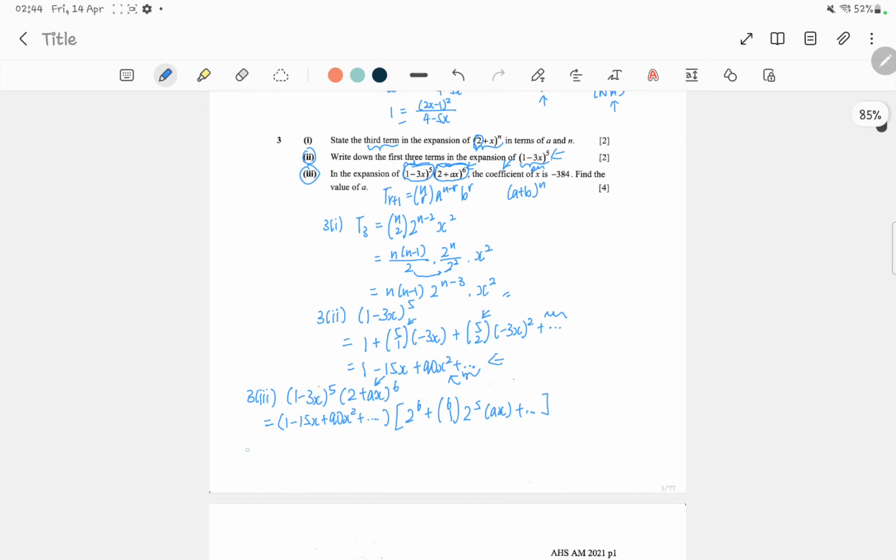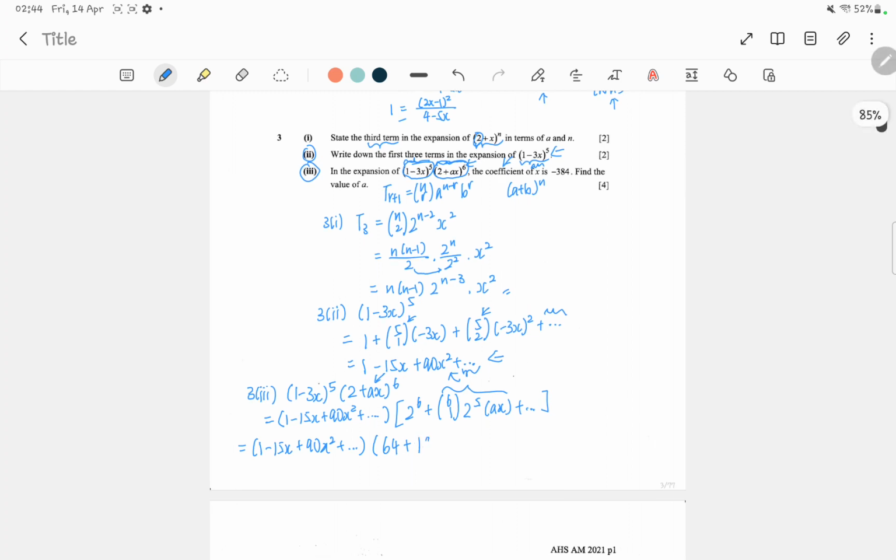Let's simplify this a bit. This equals 1 minus 15x plus 90x squared plus dot dot dot, times 64 plus, now this is 6 times 32, which equals 192ax, again plus dot dot dot.